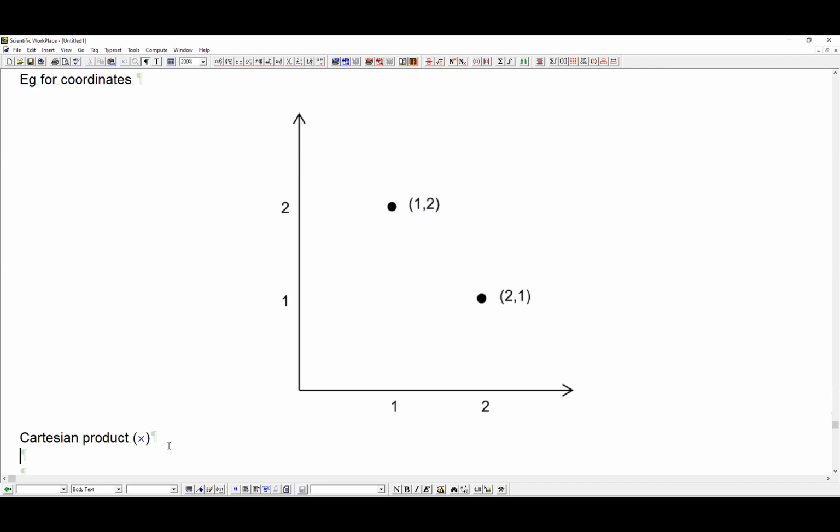It's the set of all possible ordered pairs produced by the elements of 2 sets.